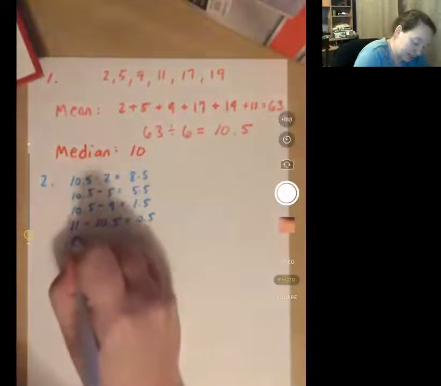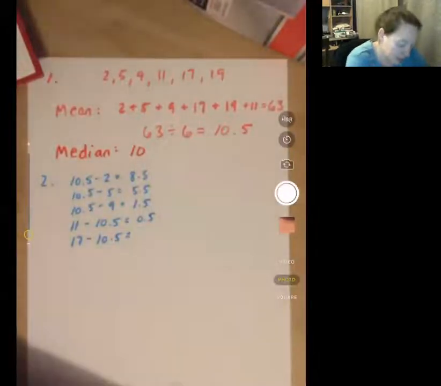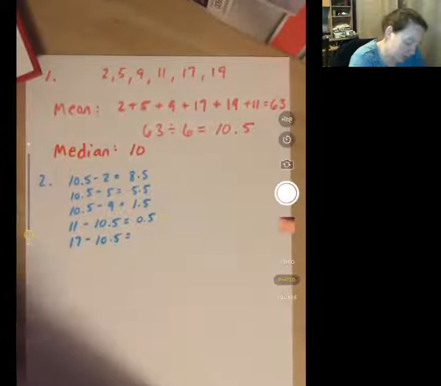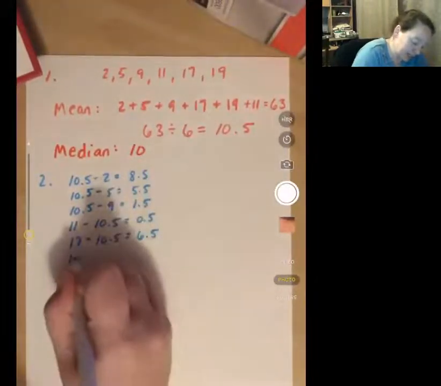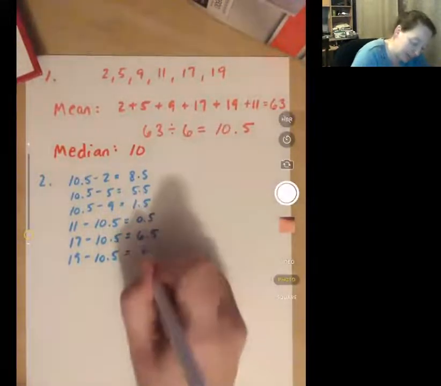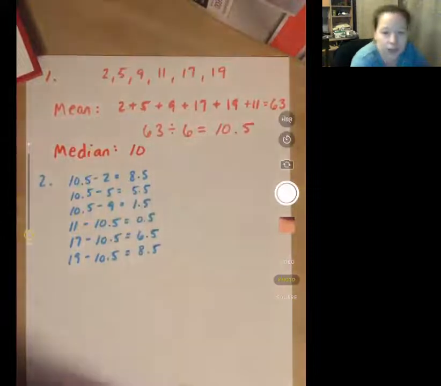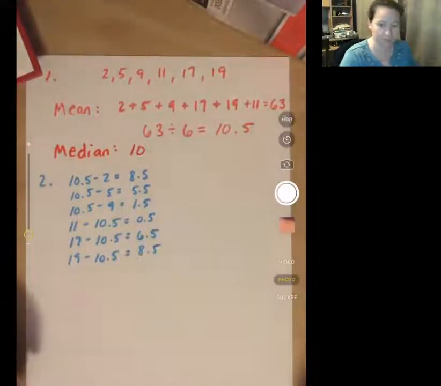My 17 minus 10.5 is going to be 6.5. And 19 minus 10.5 is going to be 8.5. You can use your calculator for that one. It's perfectly fine.